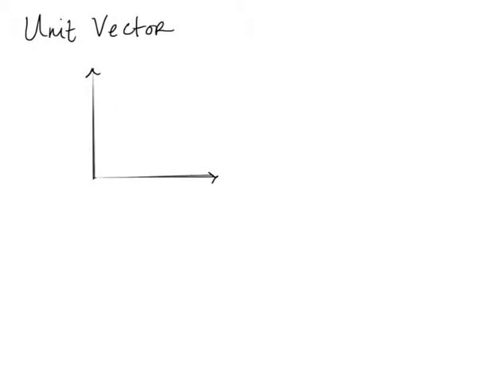So we have our axes, y and x, and we have some point, and it is a distance s away from the origin, and this is a vector s. We want to describe this point.